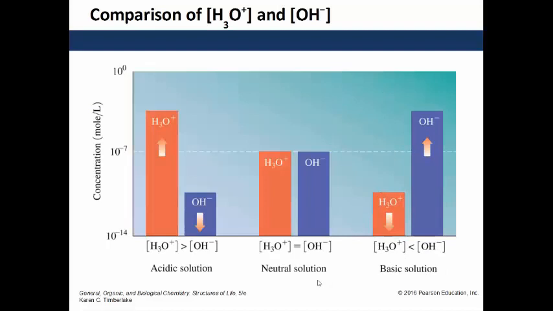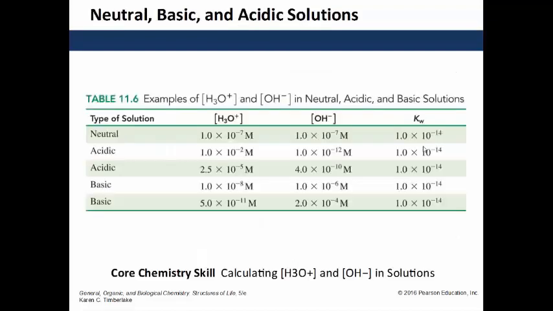All right, here are the last three charts all on one. We start off with a pure water solution, a neutral solution. Concentrations are equal to each other. When you have an acidic solution, hydronium ion will be much higher in concentration. When you have a basic solution, the concentration of hydroxide ion will be higher. All right, in this table you have the molar concentrations of various solutions.